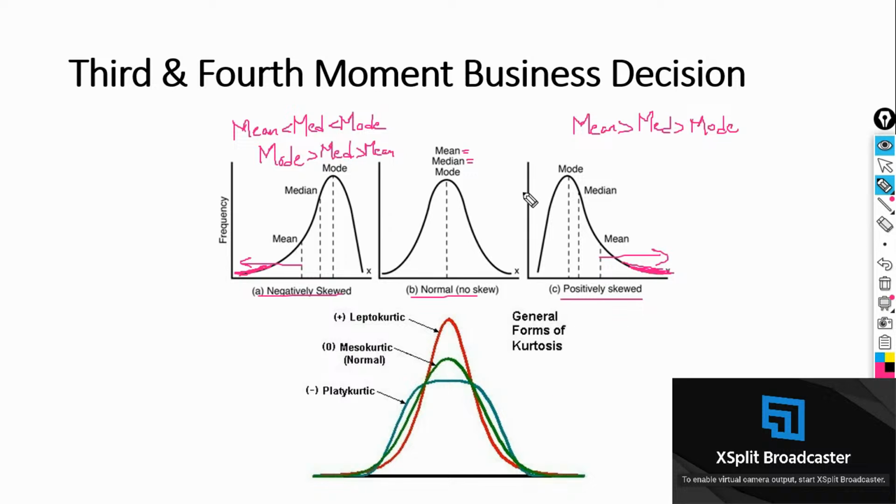So by just knowing mean, median, and mode, can we comment on skewness or not? The question for all of you is, I know the values of mean, median, and mode. Can I comment on skewness or not? Is it possible?